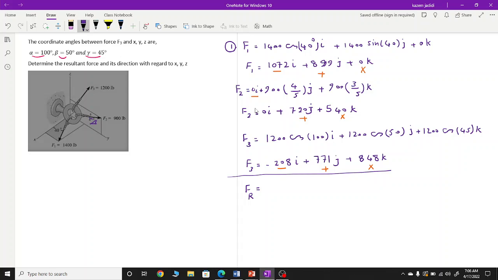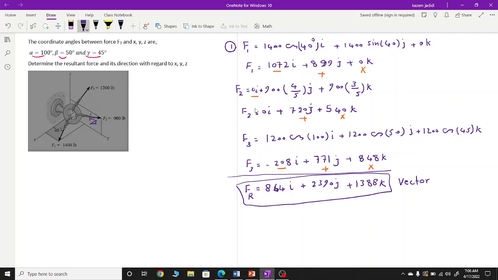Usually problems ask for the Cartesian format of the resultant force. So it's going to be 864i, if you add them to each other, plus 2390j plus 1388k. This is FR in Cartesian format, and it's a vector.